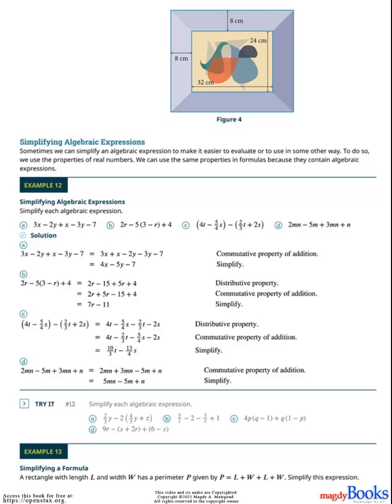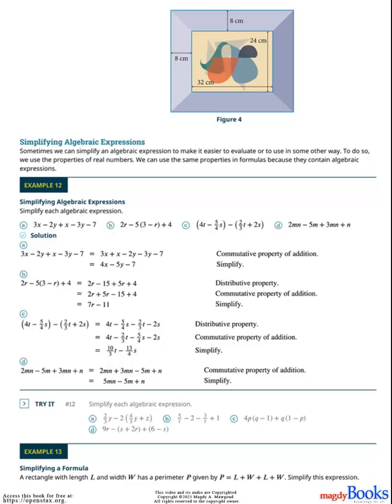Simplify. C. (4t − 5/4 s) − (2/3 t + 2s) = 4t − 5/4 s − 2/3 t − 2s. Distributive property. = 4t − 2/3 t − 5/4 s − 2s.